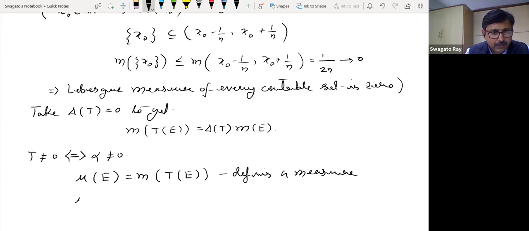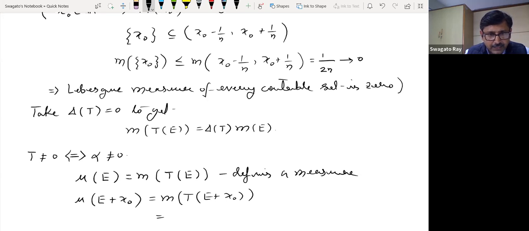Not only that, what is mu of E plus x naught? It is Lebesgue measure of T of E plus x naught by definition. But T is linear, so it's Lebesgue measure of TE plus Tx naught, because it's a linear map.